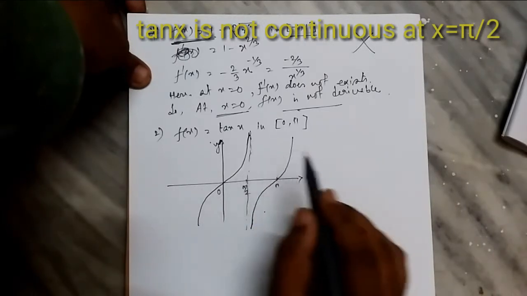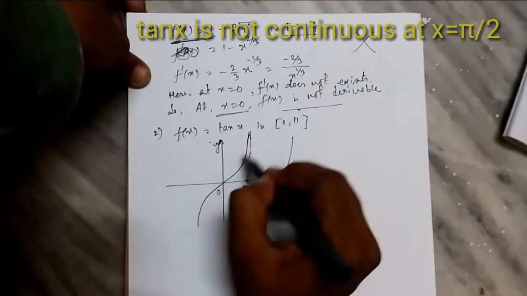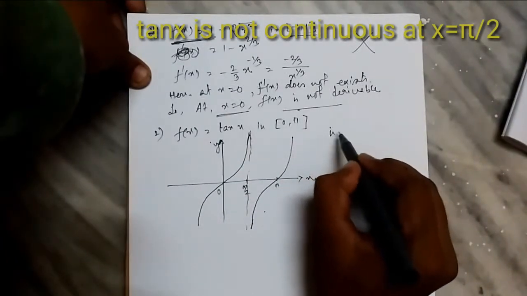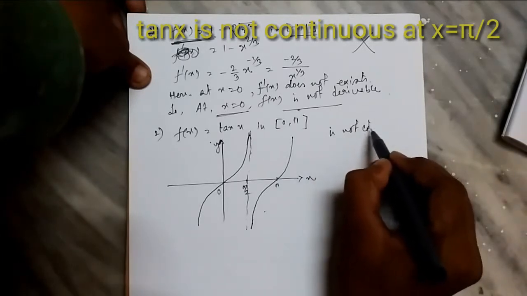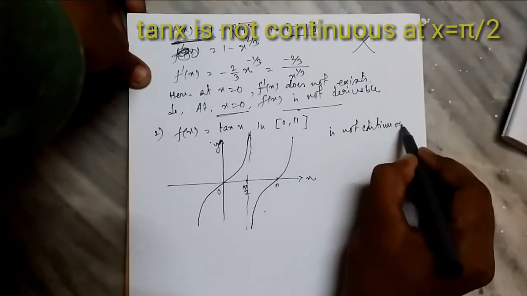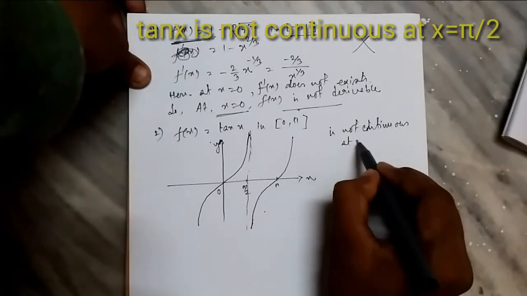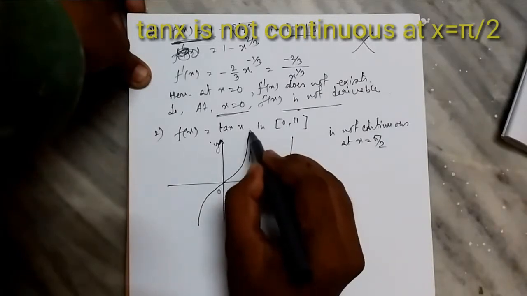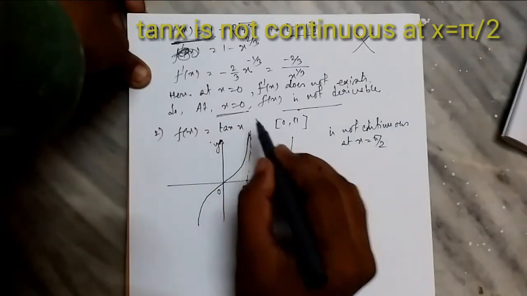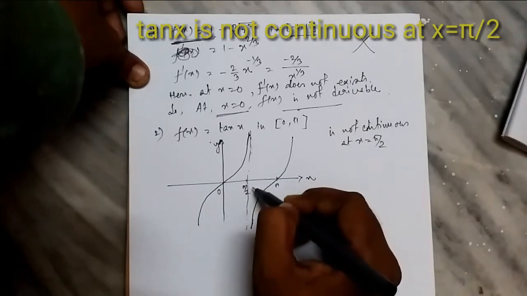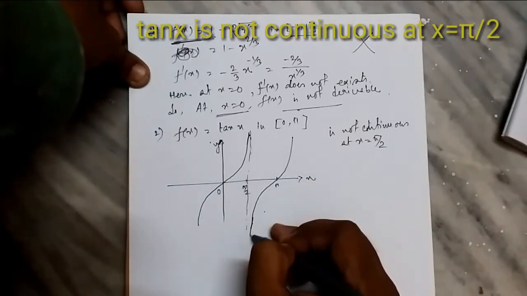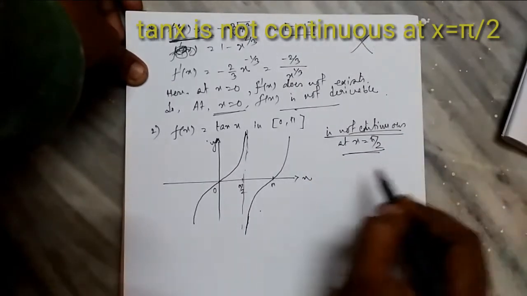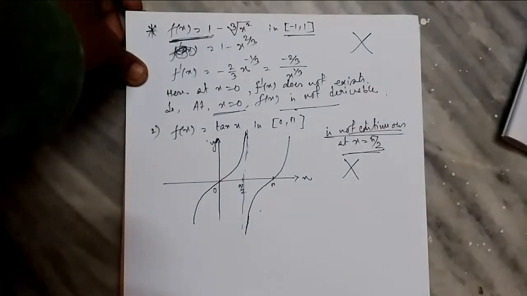But for the tan x curve, this function is not continuous at pi by 2, as when x tends to pi by 2 from the left, the function value will be plus infinity, and if we take x slightly greater than pi by 2, then the tan x value will be negative infinity. So f(x) is not continuous at x equal to pi by 2, and this function is not applicable for Rolle's theorem.